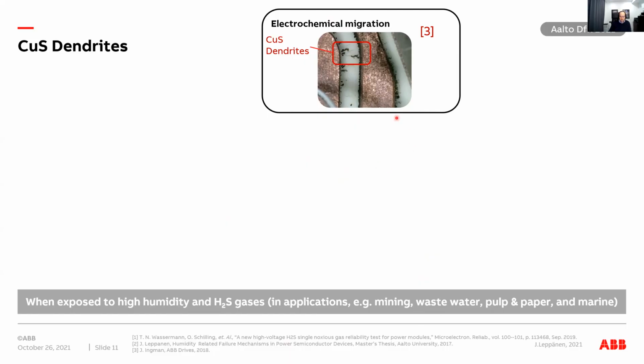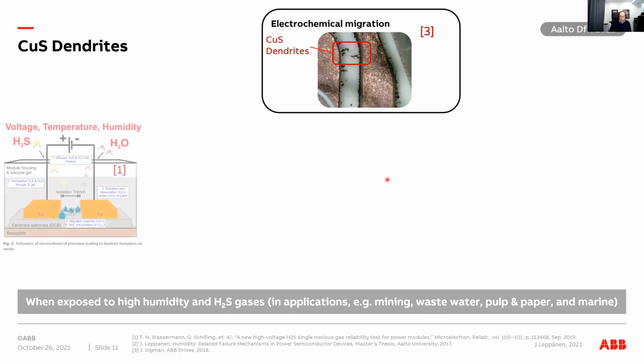I will show you a little bit about the solutions later on. But what happens here? Moisture penetrates the package again and agglomerates onto the surfaces, and we have an electrolytic cell between these traces in the isolation trench.